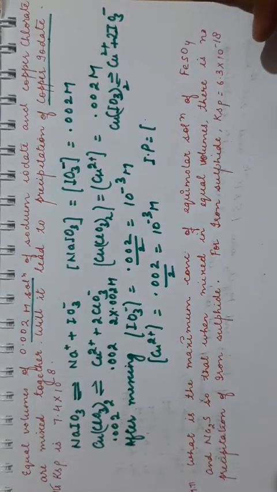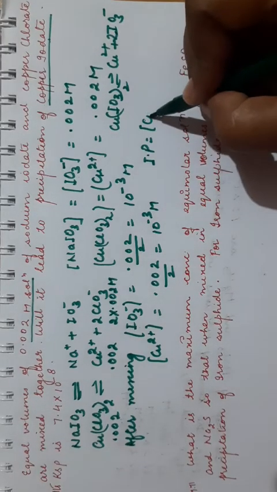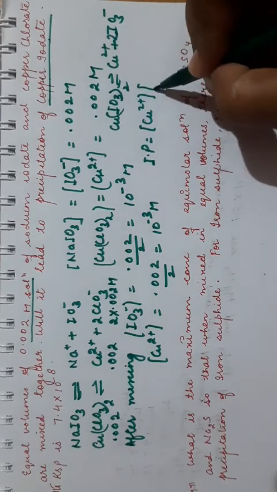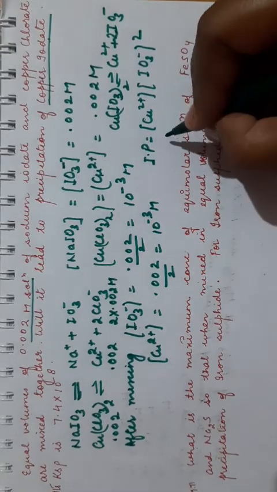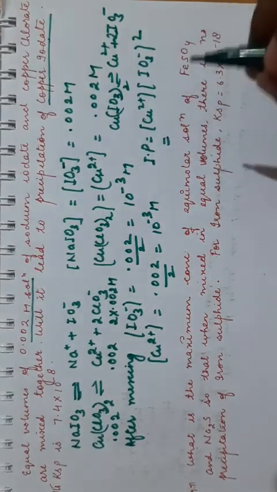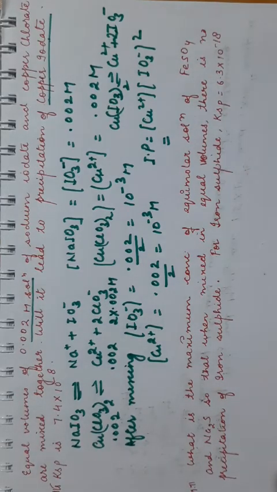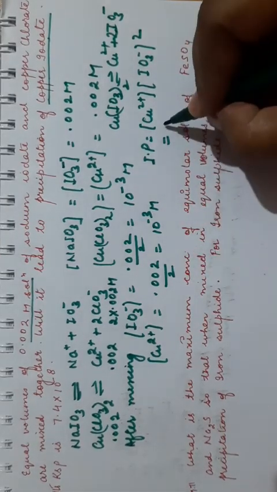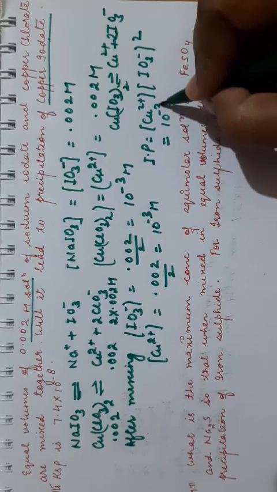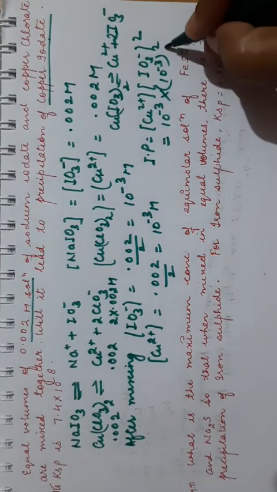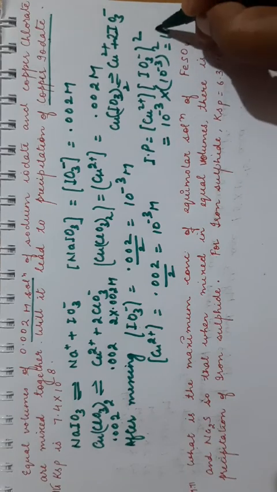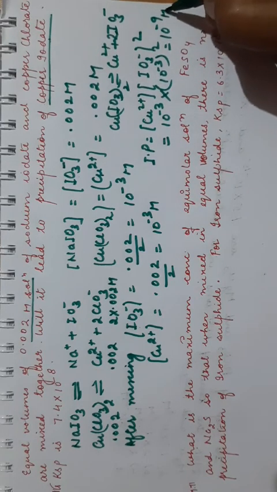Okay, it will give 2 iodate ions. So the ionic product will be Cu2 plus concentration into IO3 minus concentration to the power 2. It is written the same as Ksp but at any other time. So copper ion concentration is 10 power minus 3, iodate ion is 10 power minus 3 into 2. So it becomes 4 into 10 power minus 9 molar.